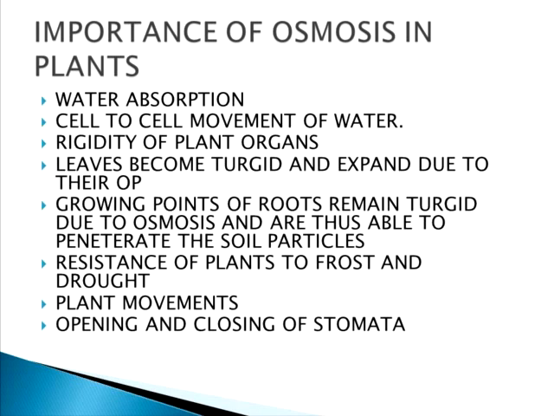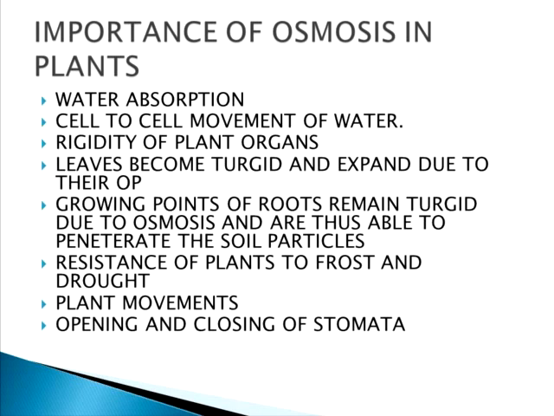Simple water absorption: all of you know that the amount of water in the soil is more as compared to the root surface. So water is first absorbed and then finally absorbed into the root cells.